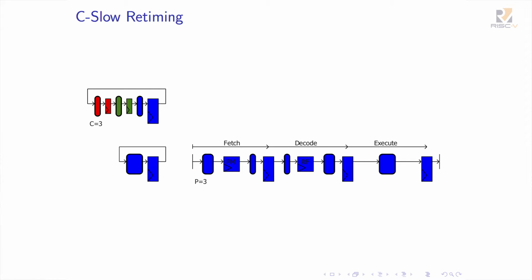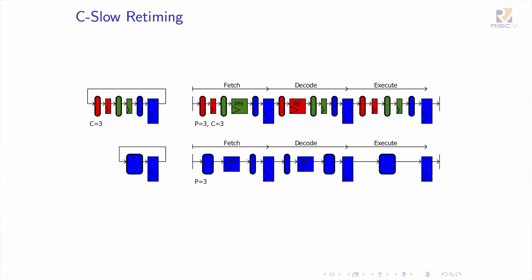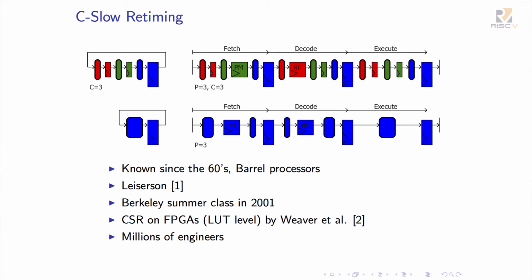Well, if you apply Slow Retiming on a CPU, here we have an unrolled version of the simplified view with fetch, decode, and execute stage. You would have something like this, that you have multiple threads running on the original CPU. So Slow Retiming is known since the 60s.